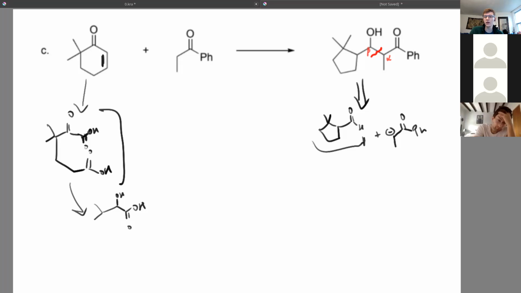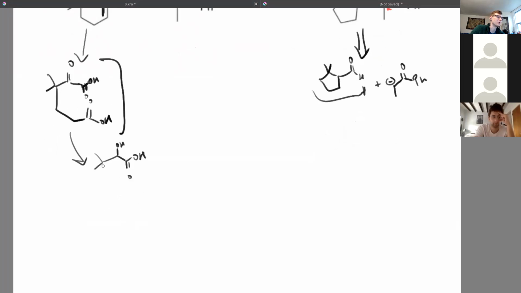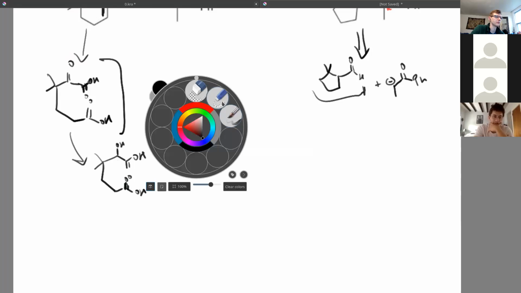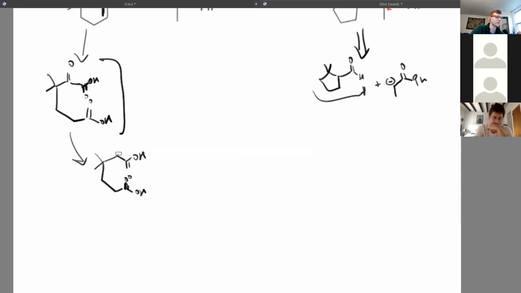Yeah. Well, either way, say we could get rid of this alcohol altogether, which I have the impression that we'll want to do. Okay, so now that we have this, what can we do with this carboxylic acid?